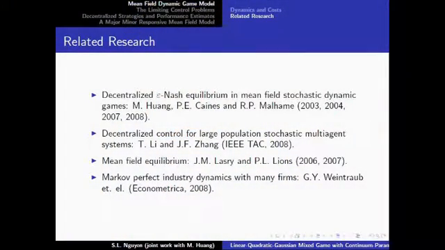For game problems with a large number of players, the decentralized epsilon-Nash equilibrium was considered by Huang, Caines, and Malhamé in a series of papers. The decentralized control for large population stochastic multi-agent systems was considered by Li and Zhang in 2008.